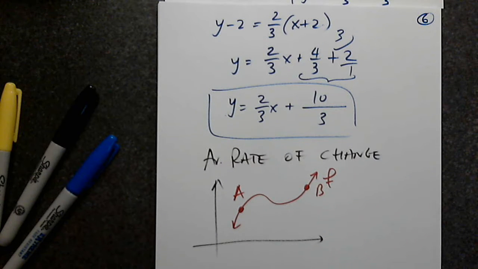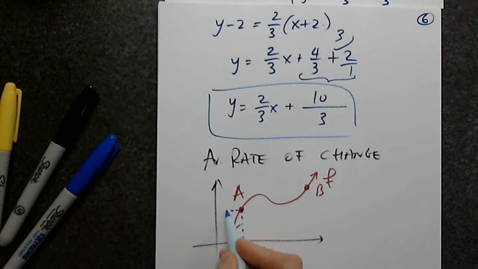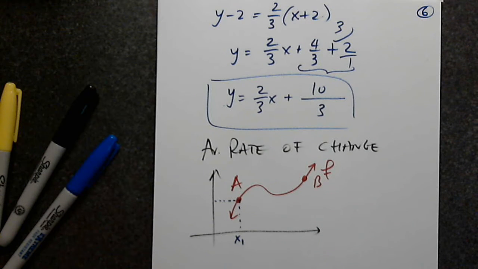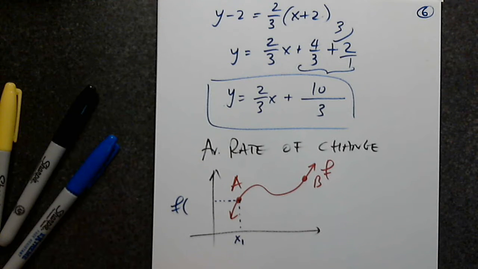And now you're going to please help me with the coordinates. Let's say this is x1. What will this be? Also, yes, correct. Absolutely true. But there is another way of writing y1. Excellent. Yes, f of x1.